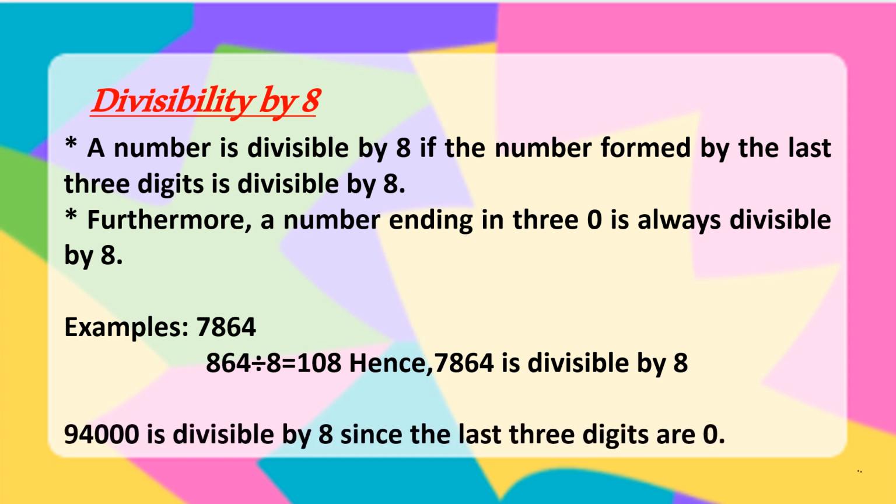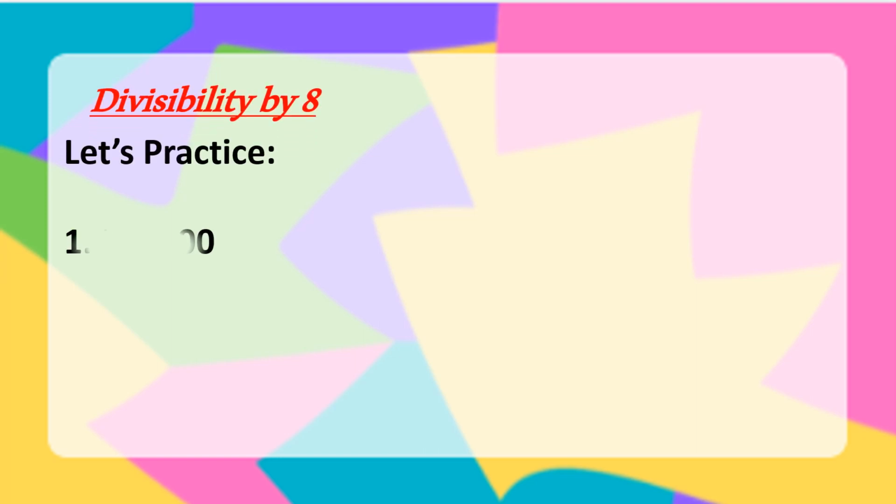Another is 94,000. Is 94,000 divisible by 8? Yes, because it ends with 3 zeros. And it is divisible by 8. Okay, now let's practice divisibility by 8. Number 1, 560,000.